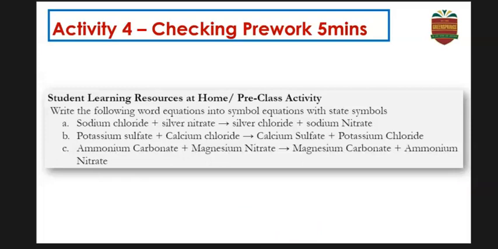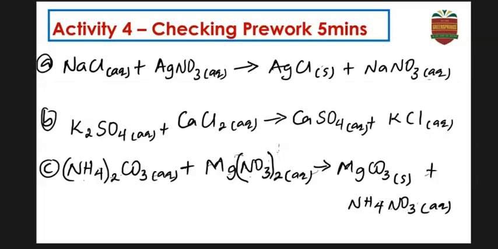You have a reaction between sodium chloride and silver nitrate, a reaction between potassium sulfate and calcium chloride, and another reaction between ammonium carbonate and magnesium nitrate. You're going to do a self-assessment quickly, and you can ask your questions as we assess, just in 5 minutes.